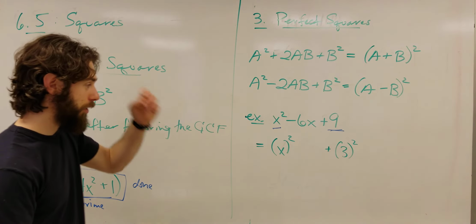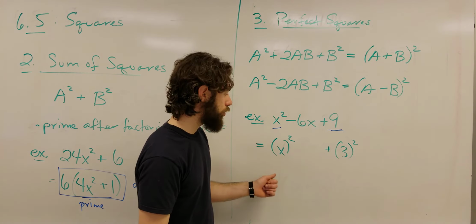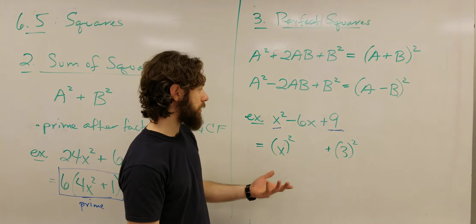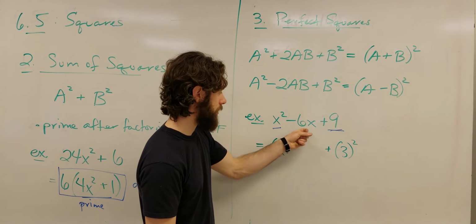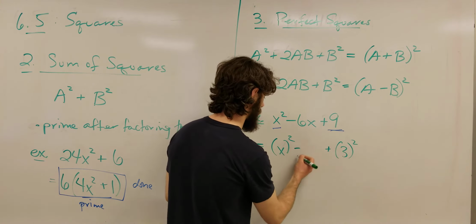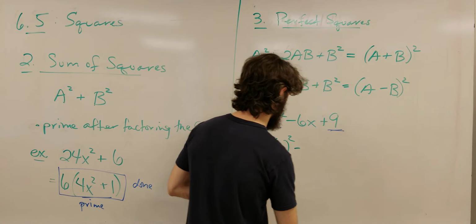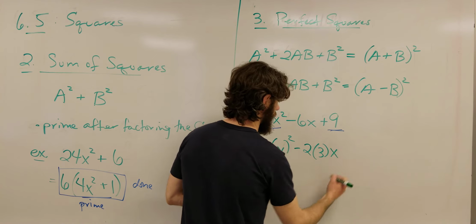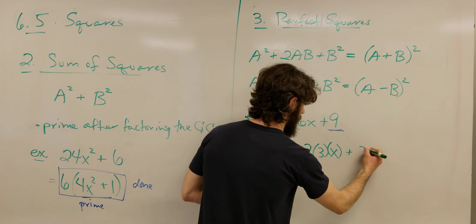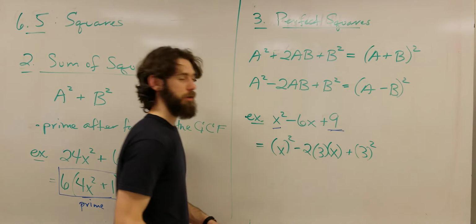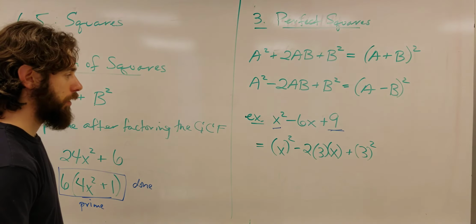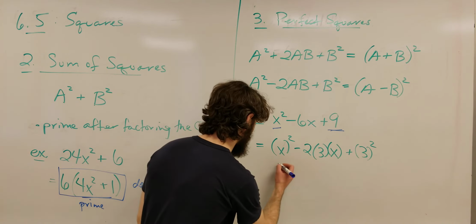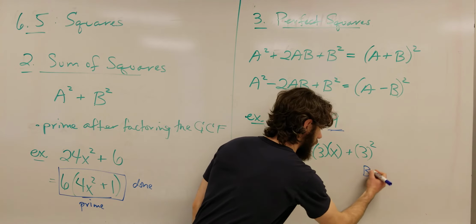So now can I write the middle term as 2 times x times 3? And yes, I could, right? 2 times 3 makes a 6. So we actually have here a minus 2 times 3 times x. And then as before, we have the 3 squared for the 9. So I've identified my perfect square terms, the a squared and the b squared.